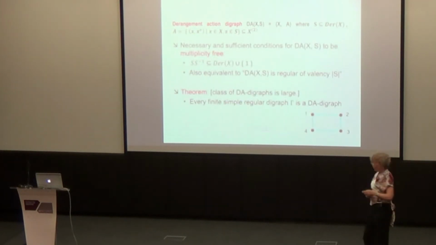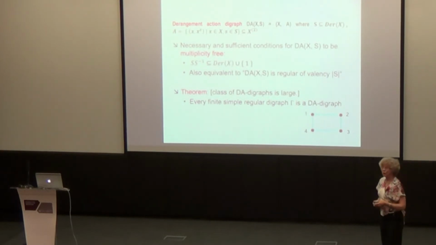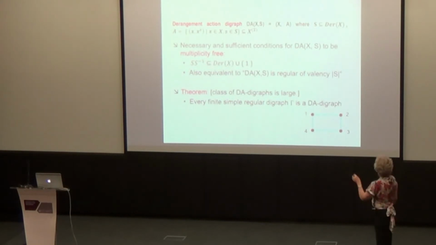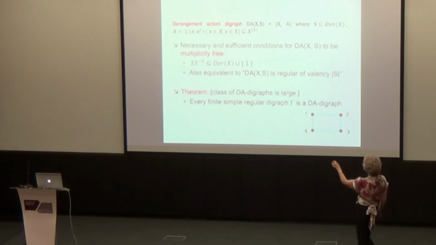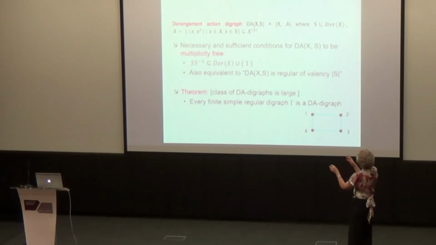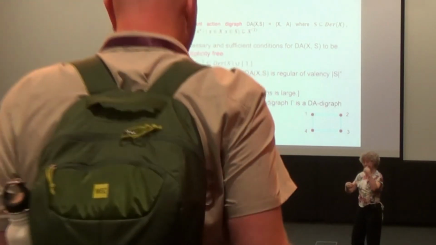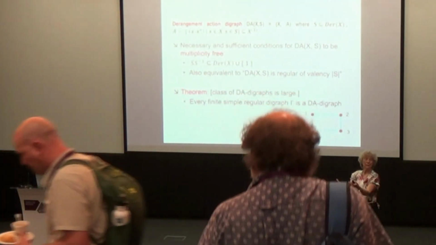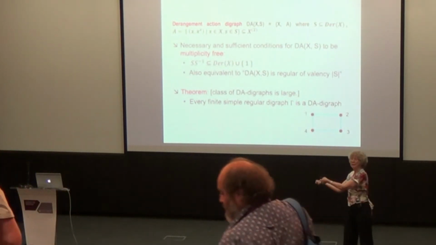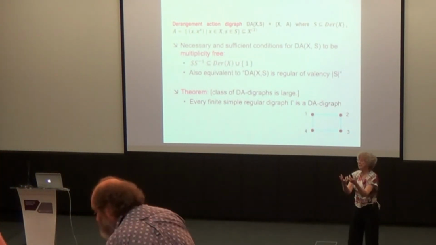Okay, let's talk about what we know in general about the structure. Well, you can write down necessary and sufficient conditions for one of our derangement action digraphs to be multiplicity free. And here is a technical condition, and you can prove it by just following your nose. This condition says if you take something in S and multiply it by the inverse of something in S, you either chose the same thing and you get the identity, or you must get a derangement.